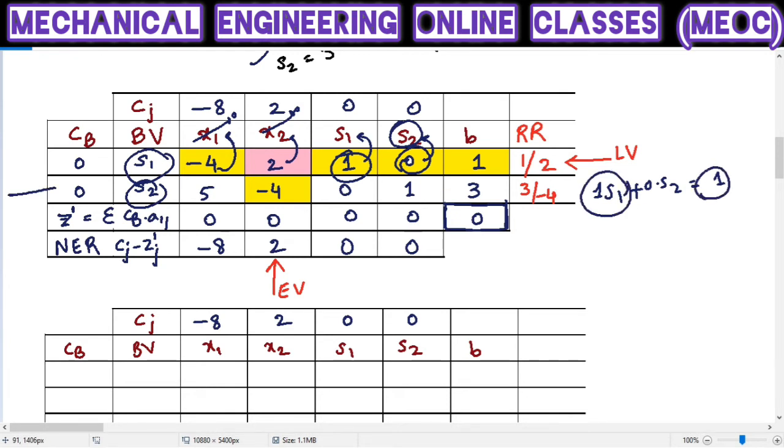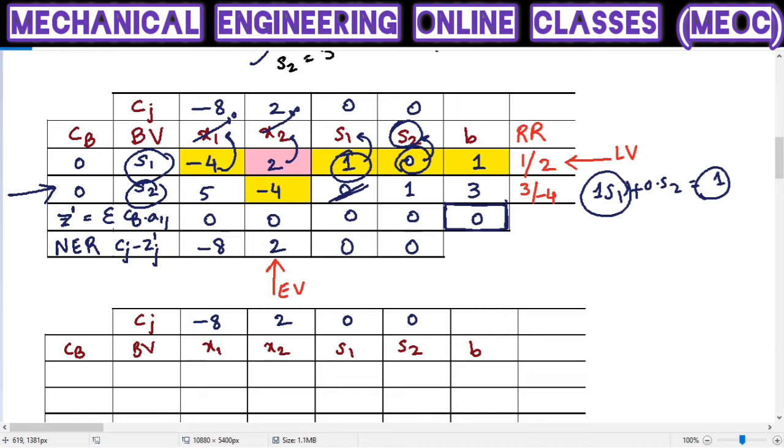Similarly, if you check the second constraint, straight away you can read 0 into s1 plus s2. There is no computation required for so many calculations. We are not solving it as simultaneous equations.